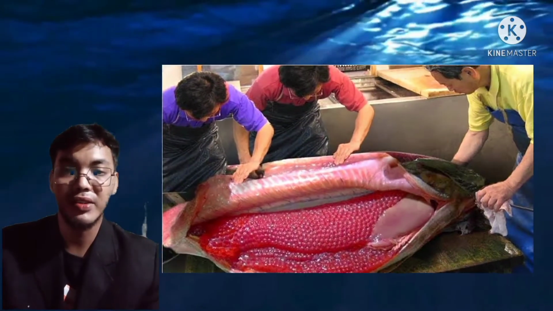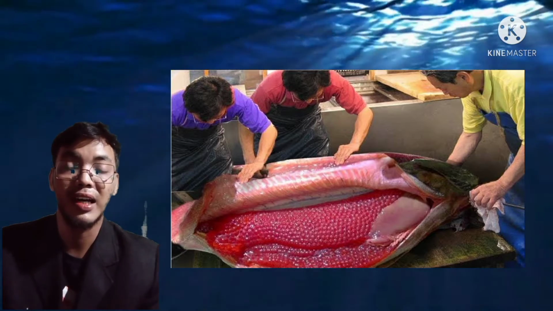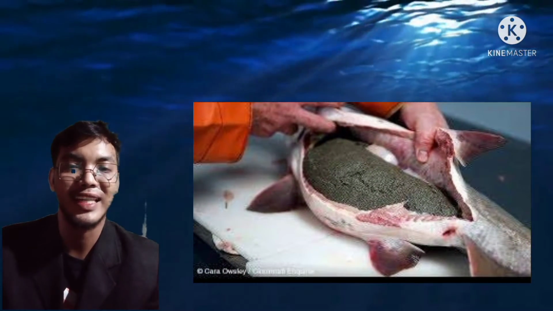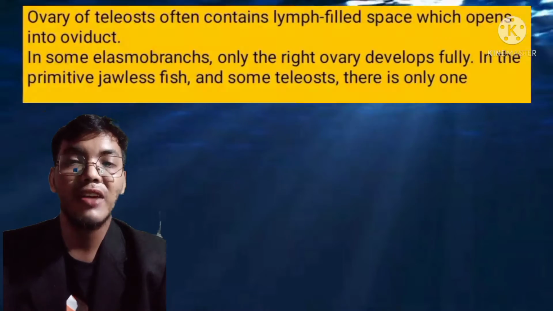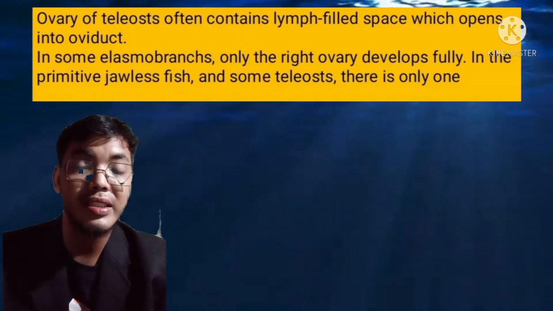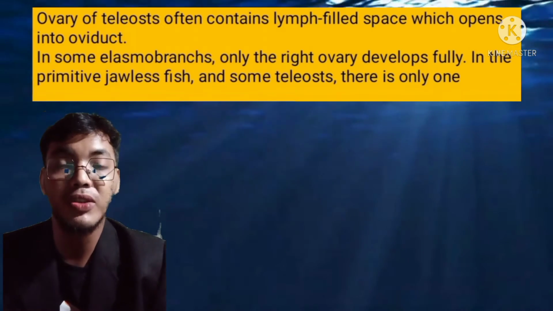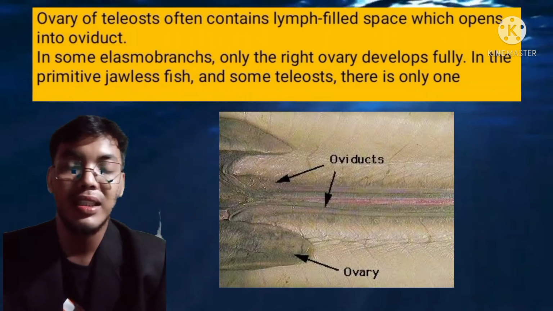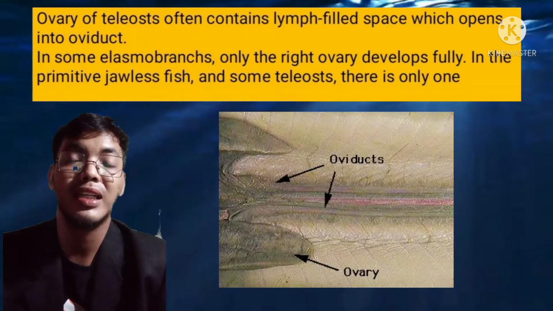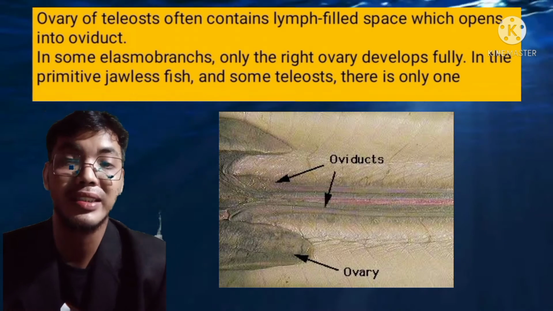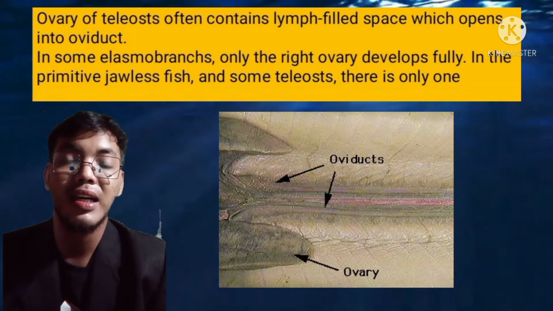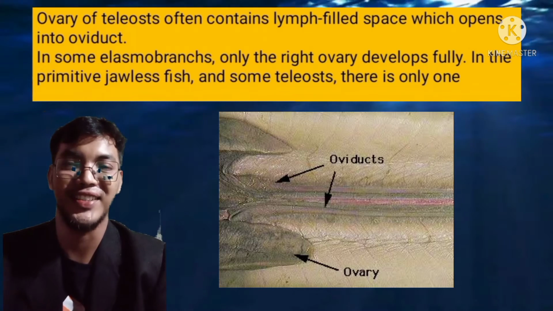There may be hundreds or even millions of fertile eggs present in the ovary of fish at any given time. The ovary of teleosts often contains a lymph-filled space which opens into the oviduct. The oviduct is a narrow duct which transports sperm cells to the eggs and provides a suitable environment for fertilization.